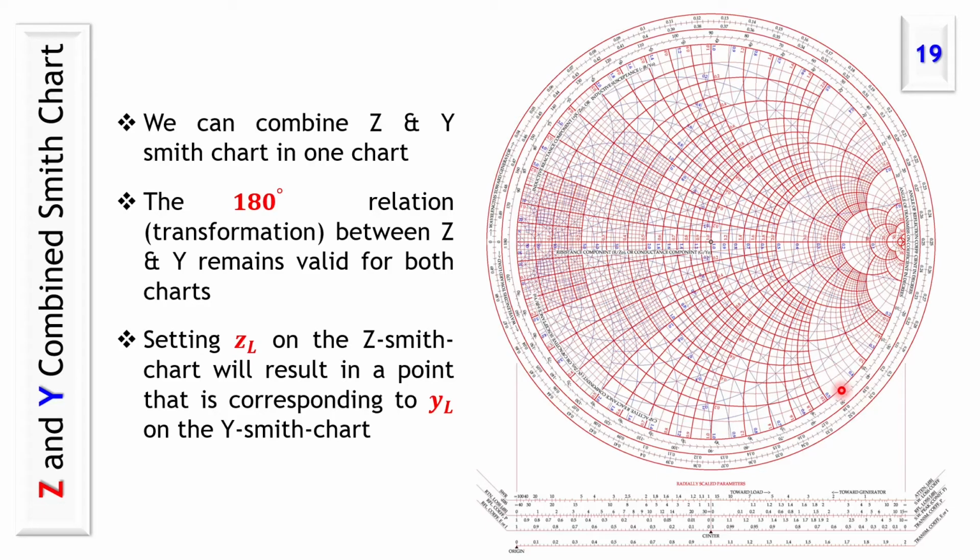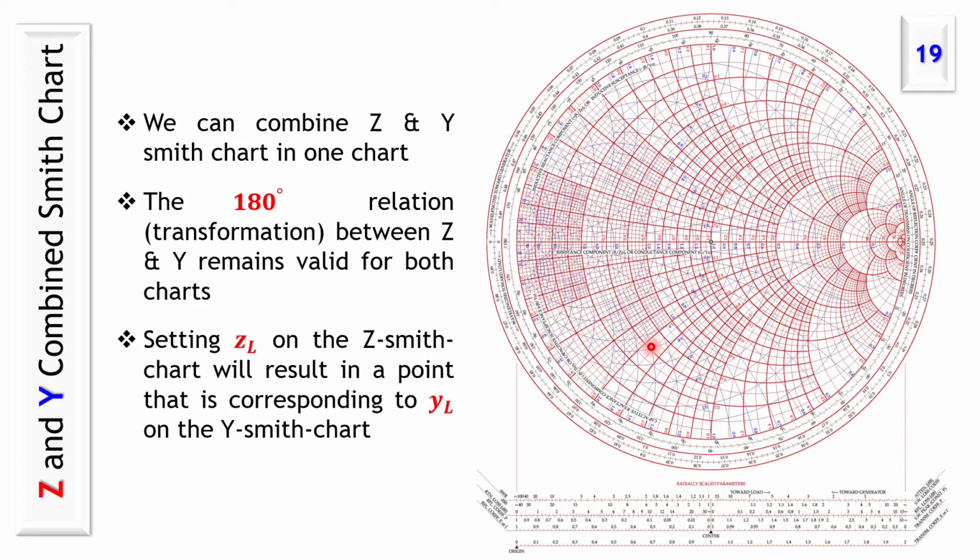On the same chart, we can consider the red circles to be admittance and the blue curves to be impedance. Both of them are correct. So this is the chart. Some people use this chart here, which I think is complicated.